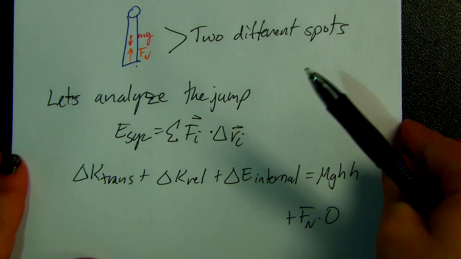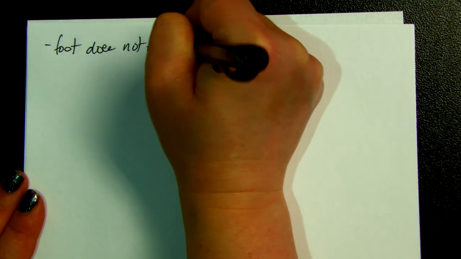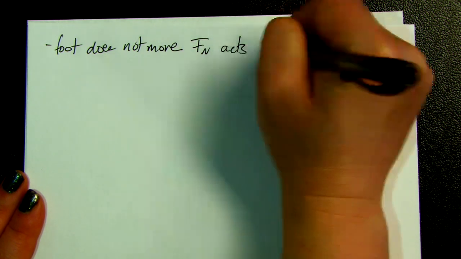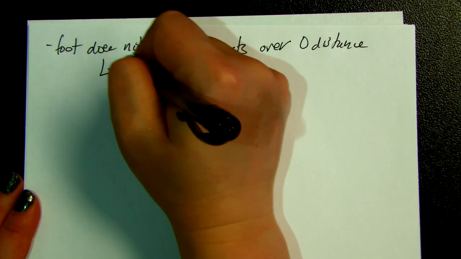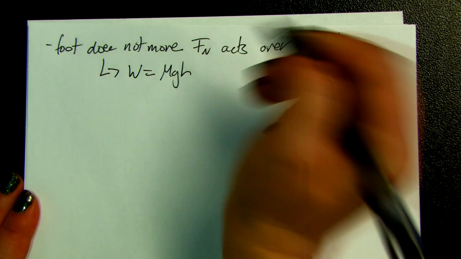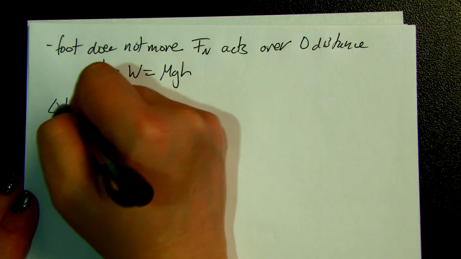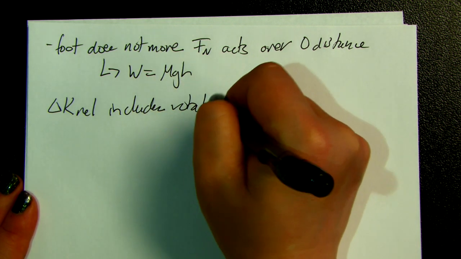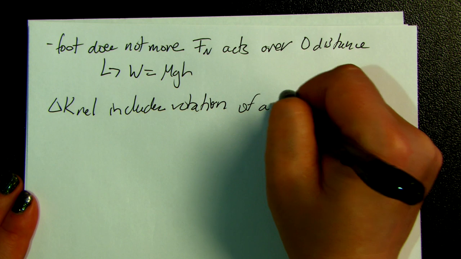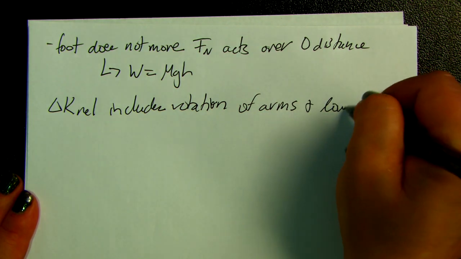So let's write a couple other things that we've learned from this system out. Start with that one. The foot doesn't move, so Fn acts over zero distance. Delta K relative includes rotation of arms and lower legs.